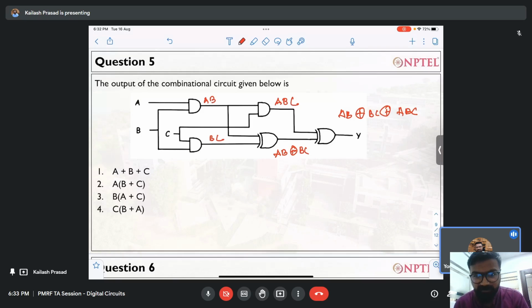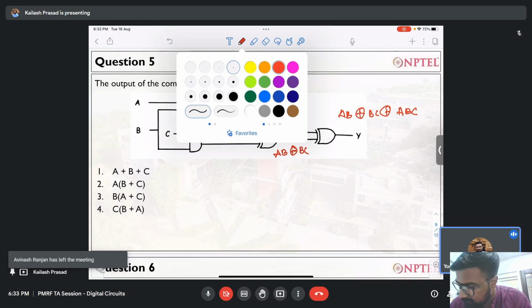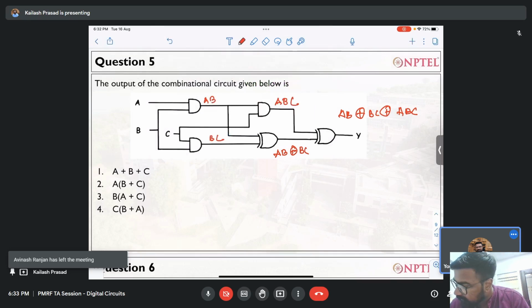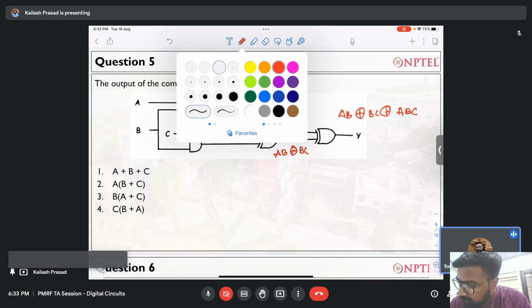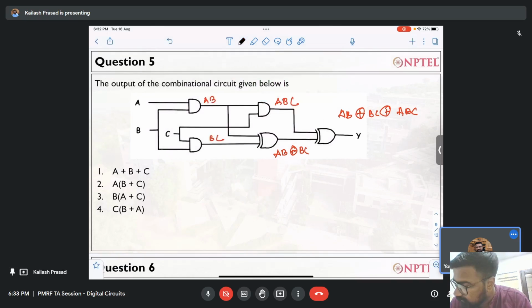And the best way to simplify it is you just make a truth table, okay? So I will also do that. That's the easiest way to approach this question. What I will do is make a truth table for ABC. Okay, so A, B, and C, and just follow with me.